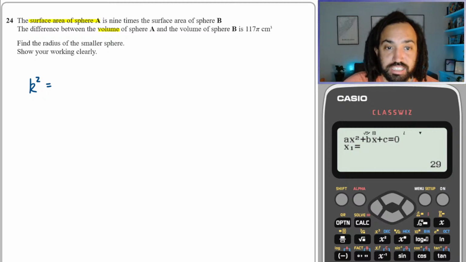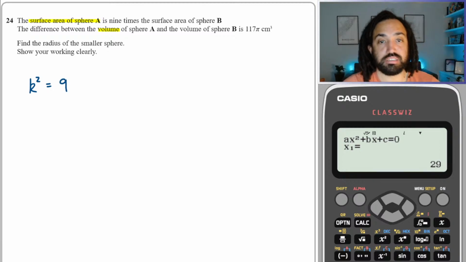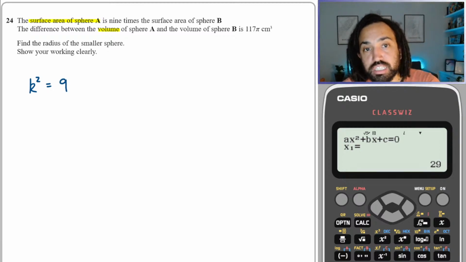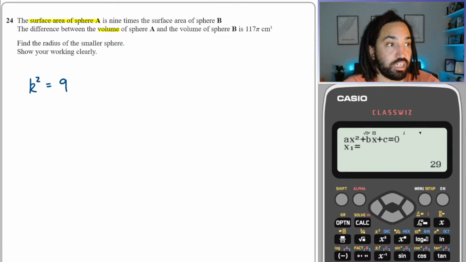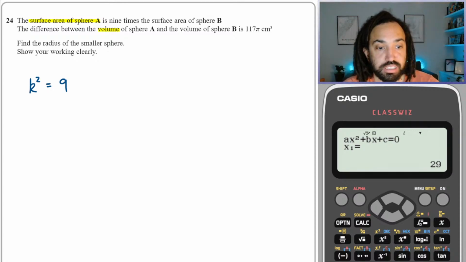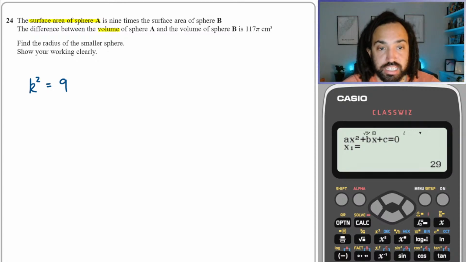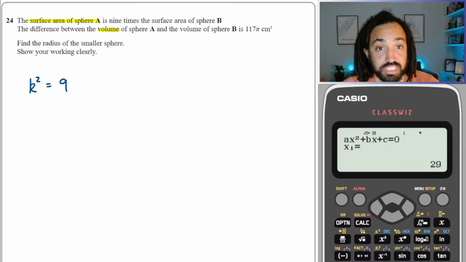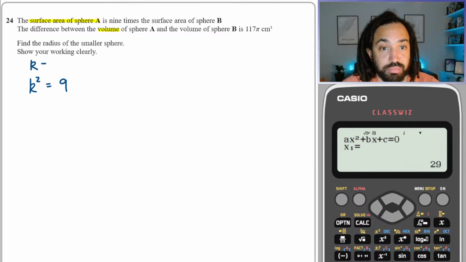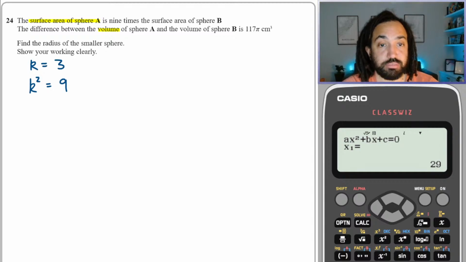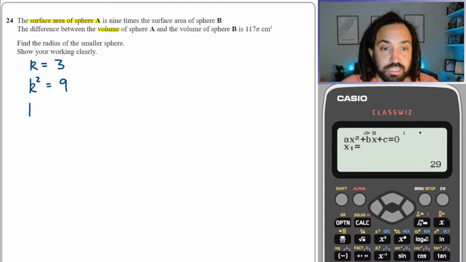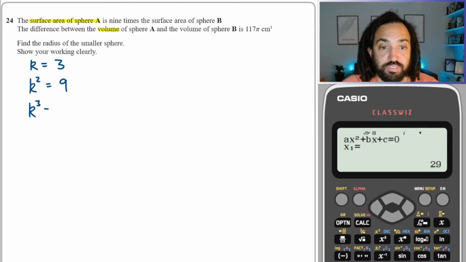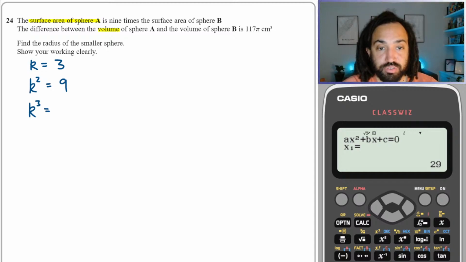Right, so we've got k squared is equal to 9 because the sphere's surface area is 9 times bigger. And the surface area scale factor is always the linear scale factor squared. So that means that the linear scale factor is going to be 3. And it means that the volume scale factor is going to be 3 cubed, which is 27.